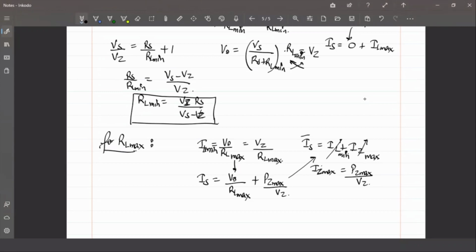And what is V0? V0 is nothing but equal to Vz. We just rub this and write down Vz, because the output voltage we still want as Vz. So Vz divided by RL max plus Pz max divided by Vz should be equal to your Is, right?